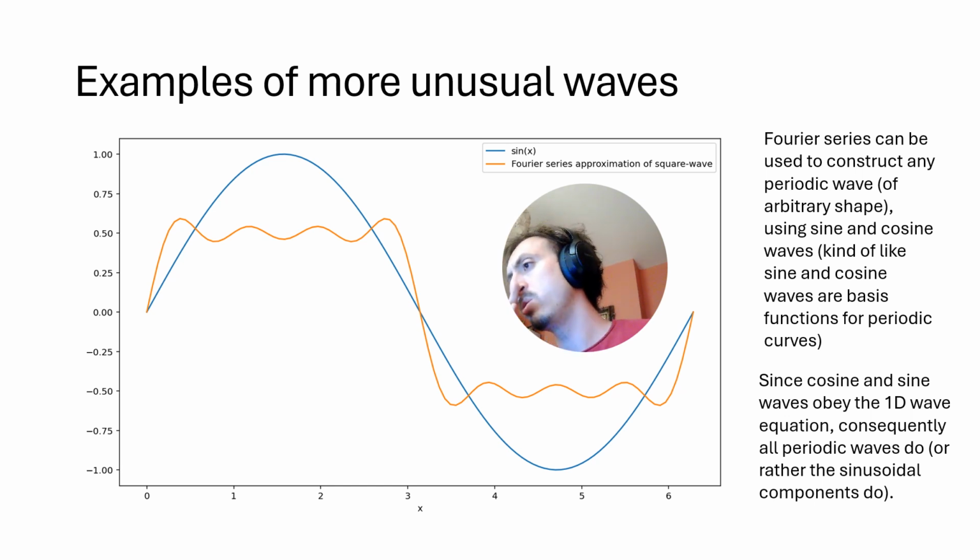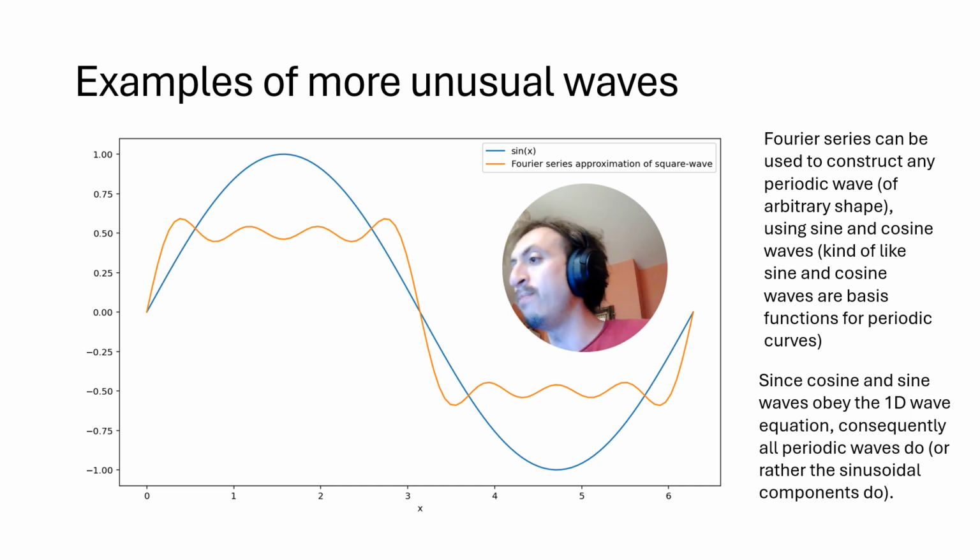And this strange orange wave is very much an approximation to a square wave, and you can construct it using sine and cosine, or based on what we said before, essentially just cosine waves, by adding cosine or sine waves of different amplitude to each other, to build this very unusual wave. And I think in my code I only added about 3 different waves of different amplitudes, and we've already got something that looks a lot like a square wave.